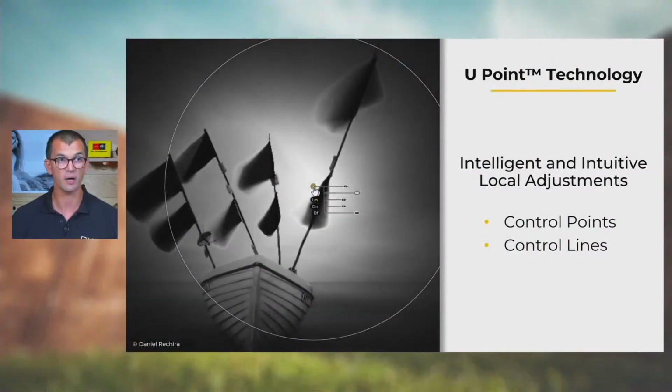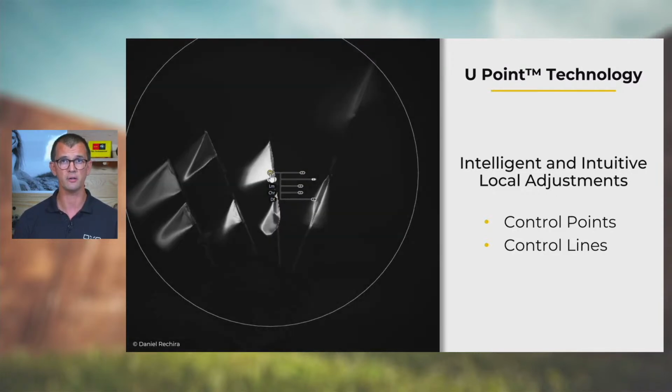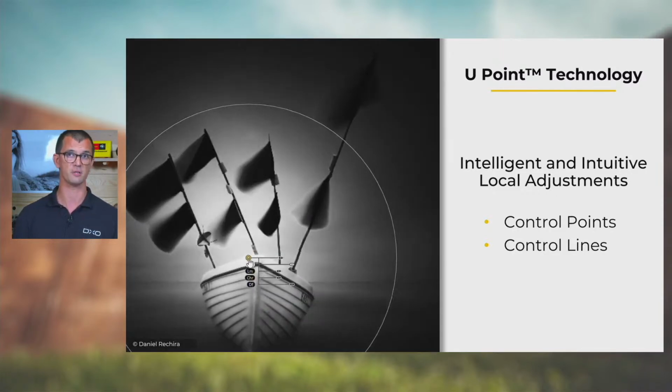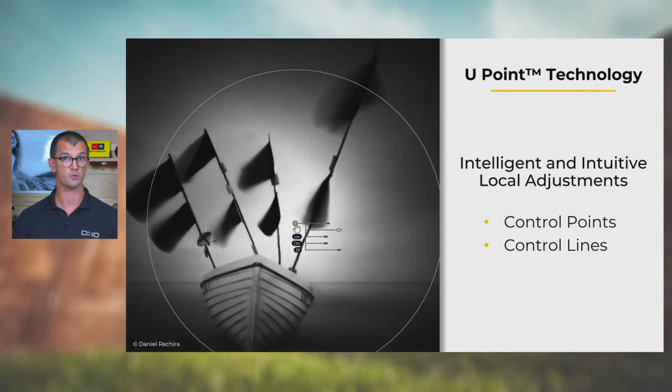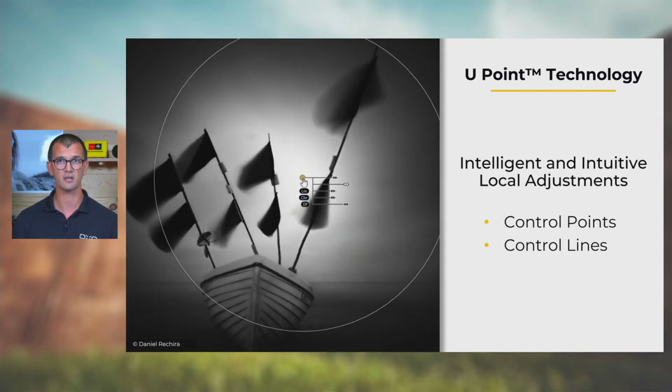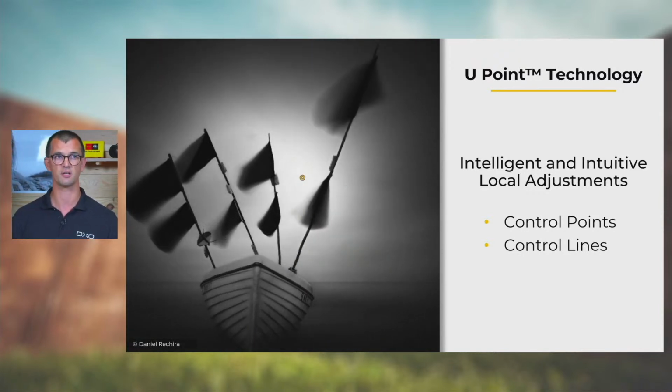So let's continue this presentation with an overview of some technologies present in the Nik Collection. Naturally I will start with the Nik Collection's interactive selection technology, the U Point technology.